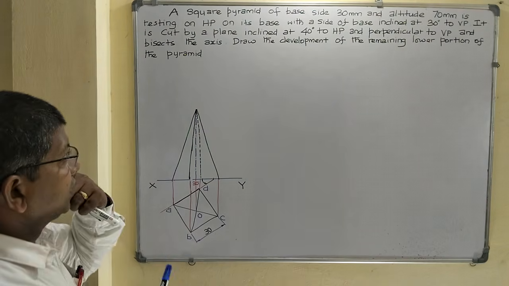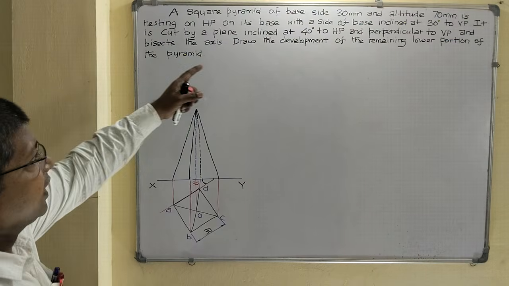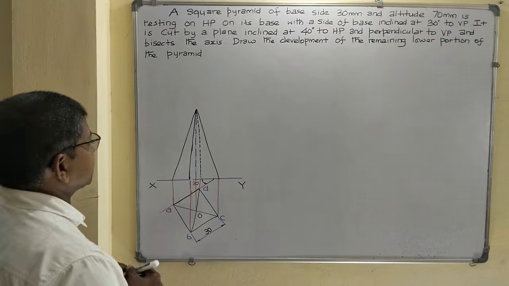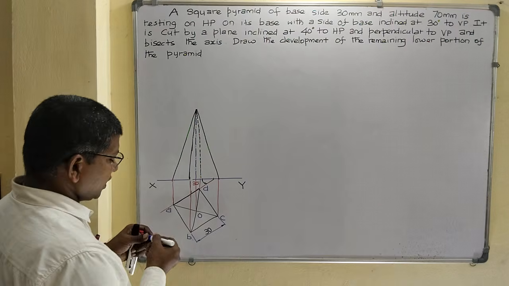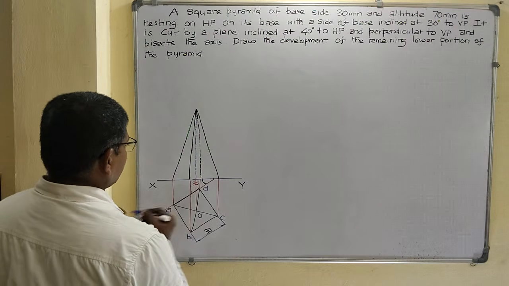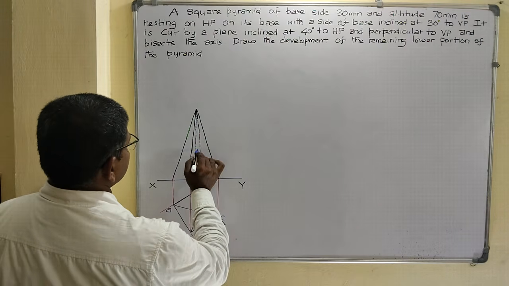Before that, the cutting plane first. It is cut by a plane inclined at 40 degree to HP and bisecting the axis. So 70 divided by 2, 35 mm from the base. From the base 35 mm distance.